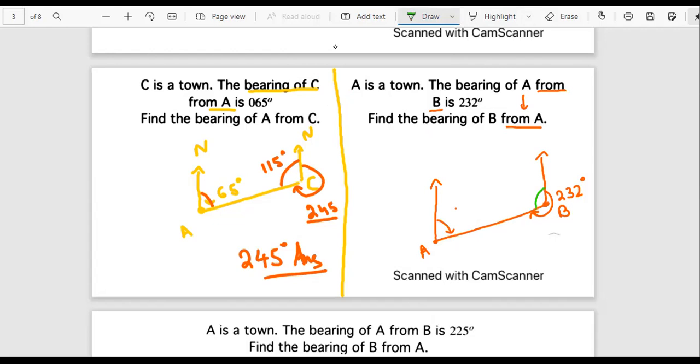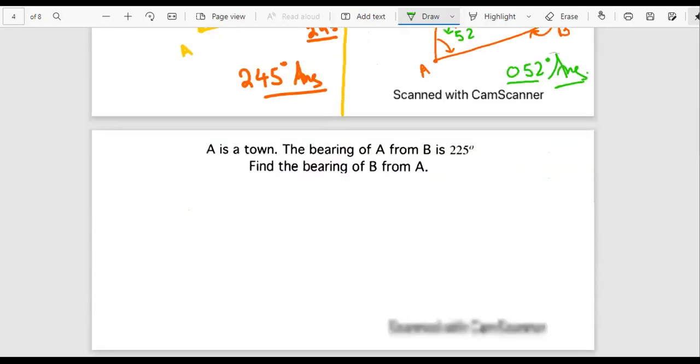So this green angle is going to be what, Turhan? Yes. It's 128 degrees. Very good. Excellent. Okay. And who's going to tell me this angle, the bearing of B from A? 52. Very good. Well done. Excellent. 52 degrees is the angle and 052 degrees would be the bearing. Very good. This is going to be the answer.